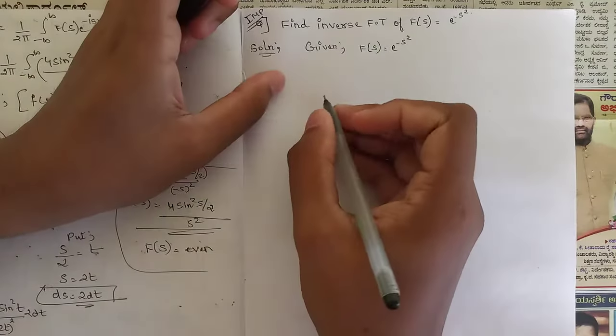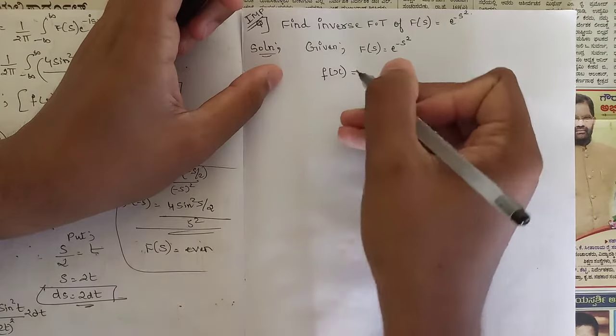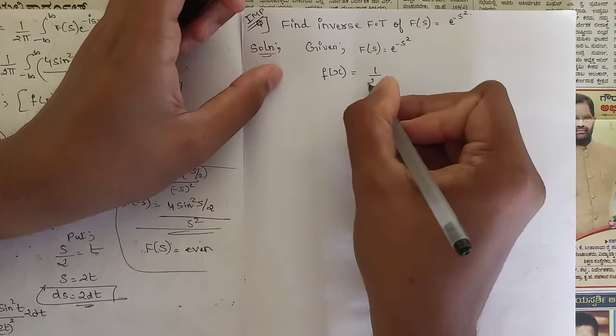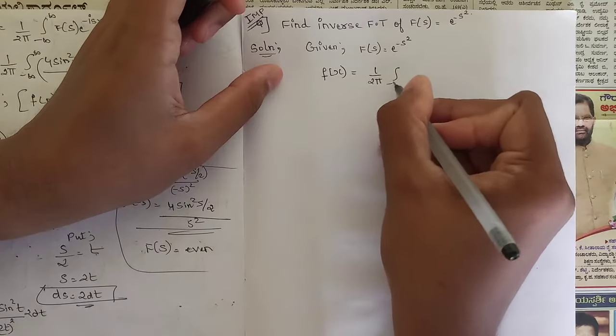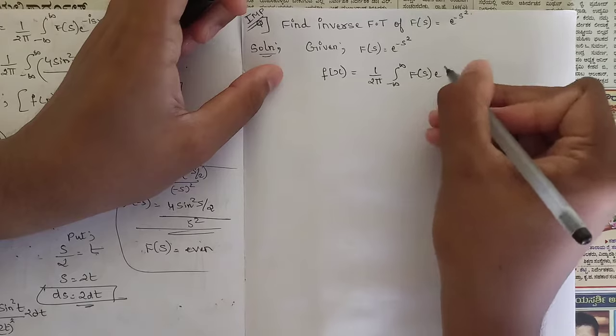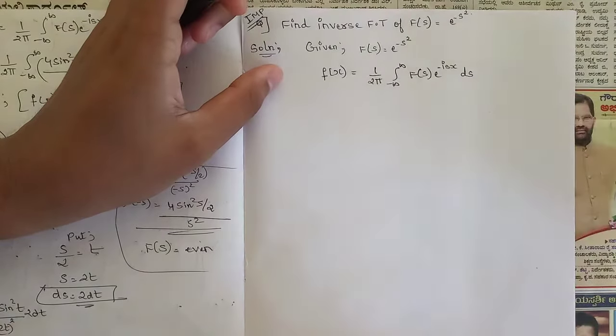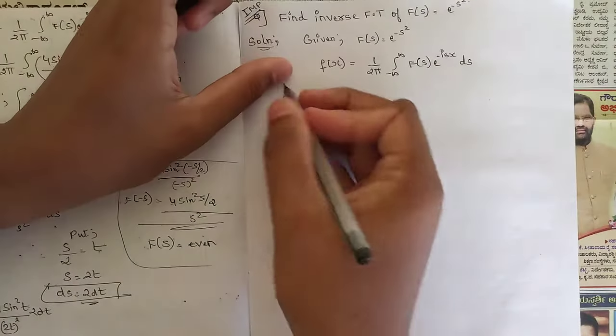We know that the inverse formula goes like this: f(x) = 1/(2π) ∫ from -∞ to ∞ of F(s) e^(-isx) ds. Here ds is the parameter.